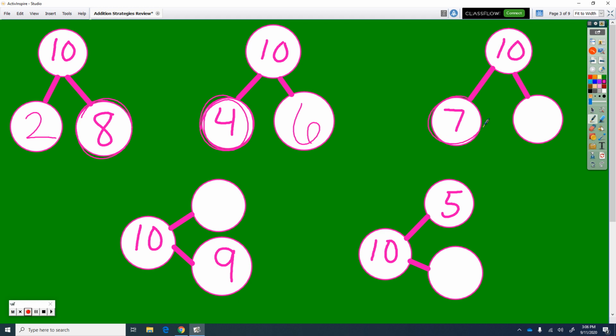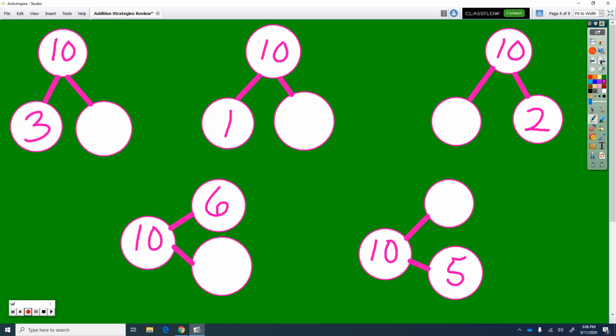It's like 7 plus, it needs 3. Oh, I know you know this one. How many more does 9 need? Just 1. Oh, I bet you know this one too. How much more does 5 need? Yeah, it just needs 5. Let's look at these number bonds. How many more does 3 need?